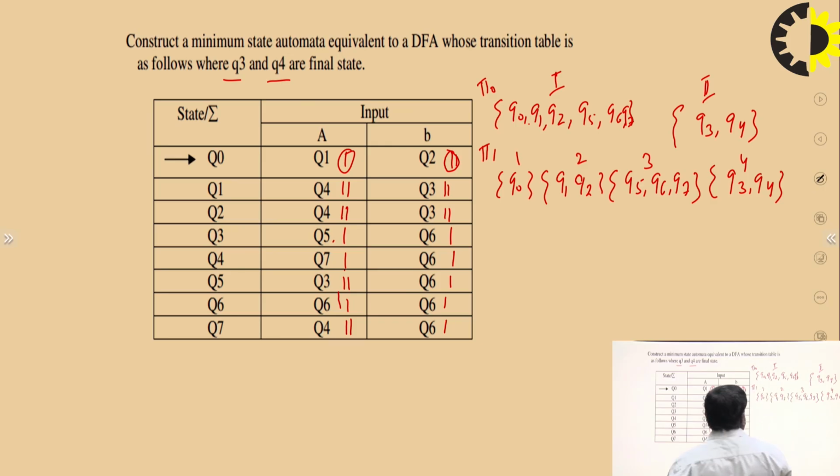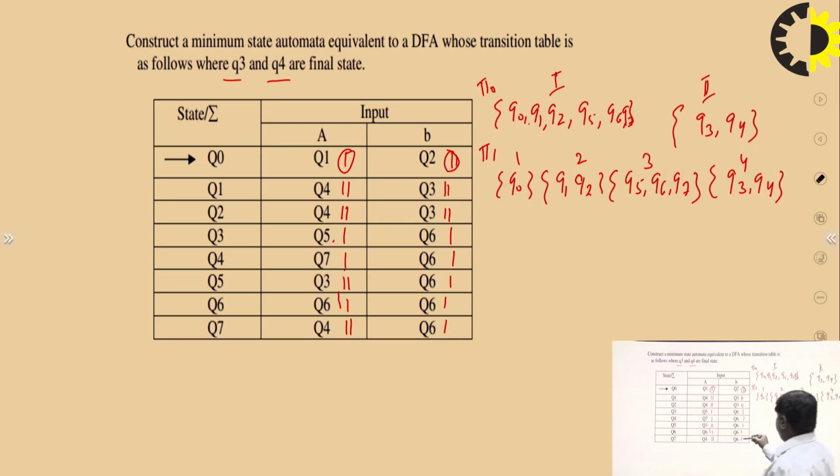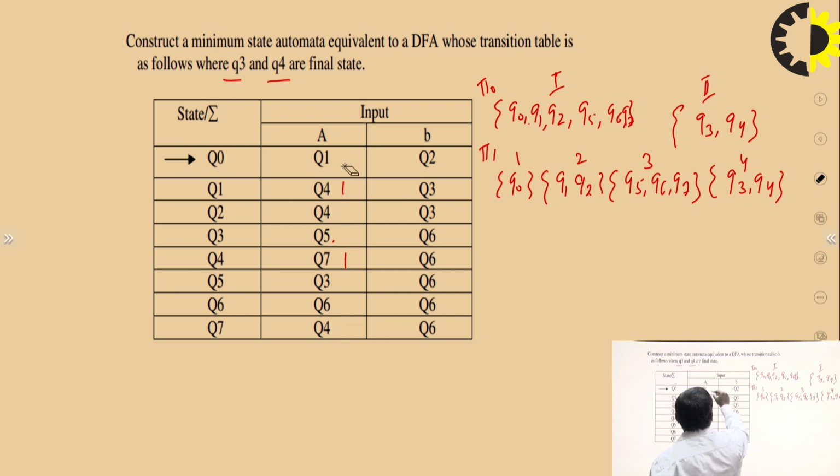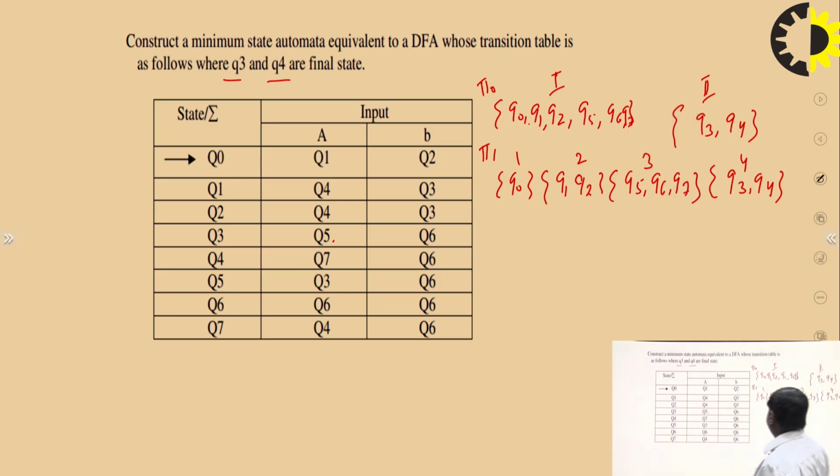And we check again. If n number of states have similar behavior, then they lie in the same set. If they have different behavior, then they lie in different sets. Now there is no need to check Q0, because it is a single state and cannot be minimized further. We check Q1 and Q2.